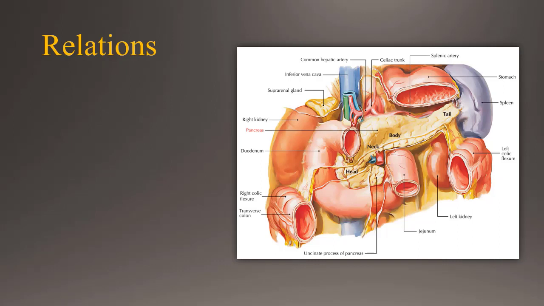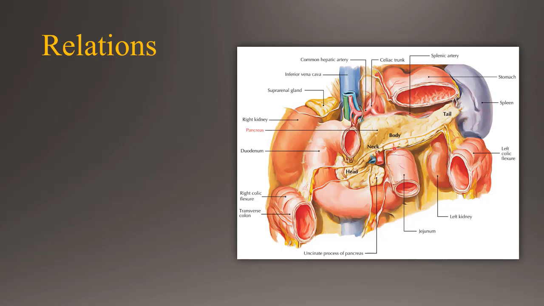Let us look at the relations of pancreas. This is pancreas. Head, uncinate process, neck, body, and tail. This is pyloric end of the stomach, duodenum, jejunum. Right kidney, suprarenal gland, inferior vena cava, abdominal aorta, portal vein, blue colored one, bile duct, common hepatic artery, gastroduodenal artery, splenic artery.